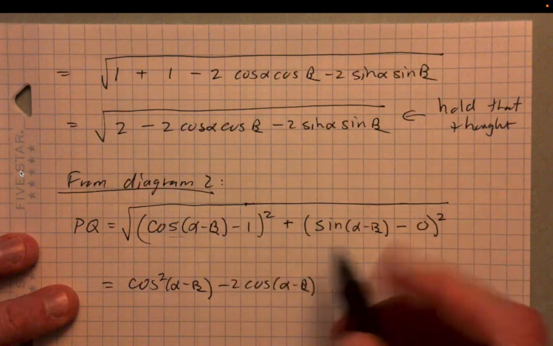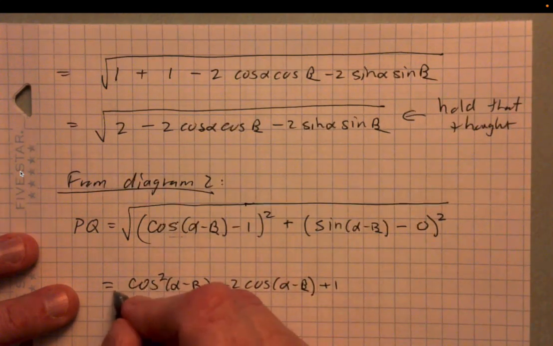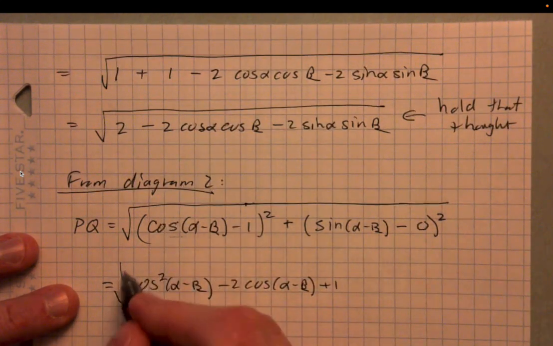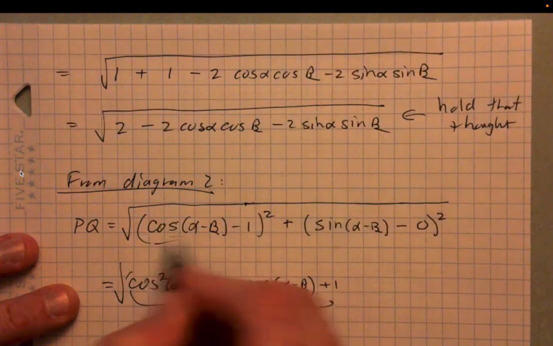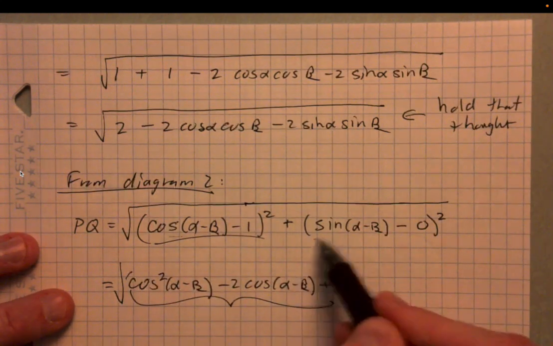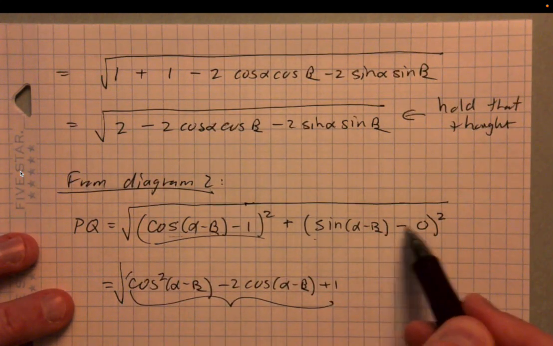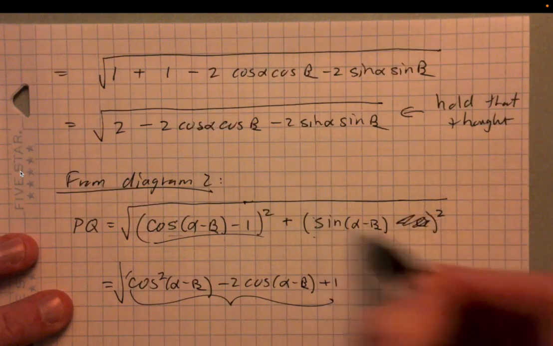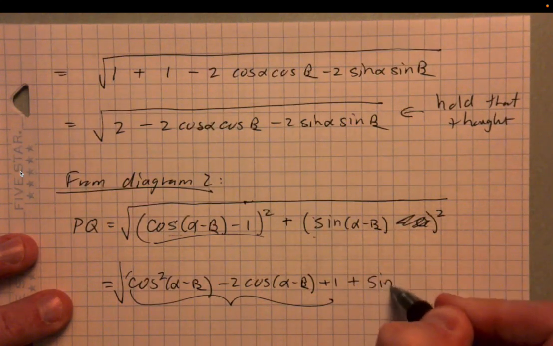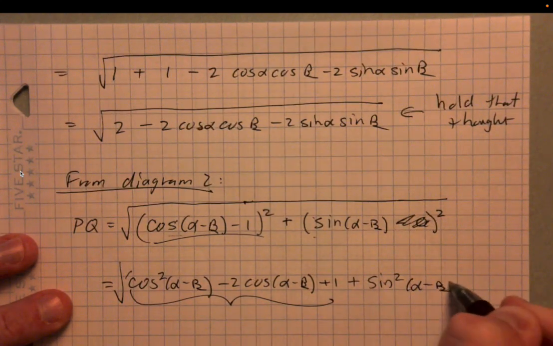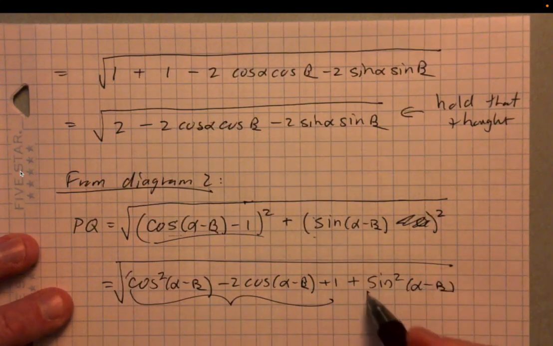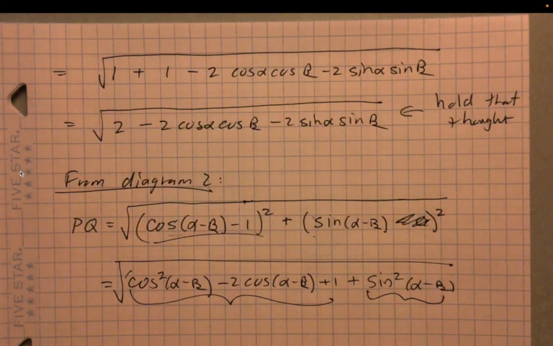So it's like minus 1 times minus 1, right? And that's this one. So this whole thing is that guy. But I still need to put this over here, so I can just think of the 0 as not being there, and I can write it as plus sine squared alpha minus beta.